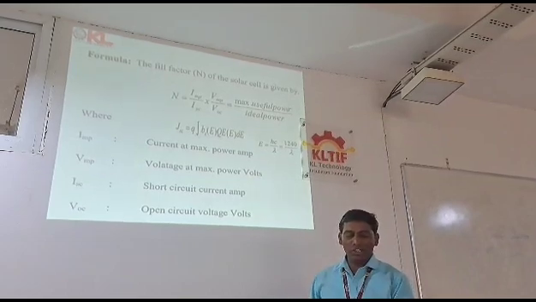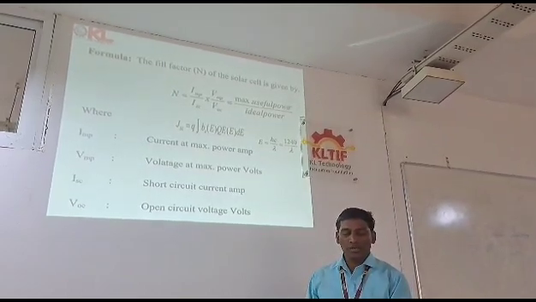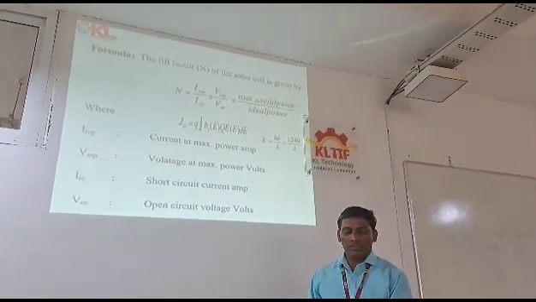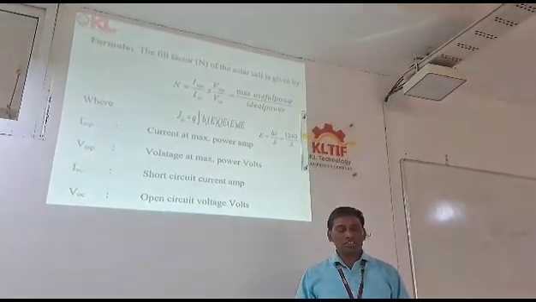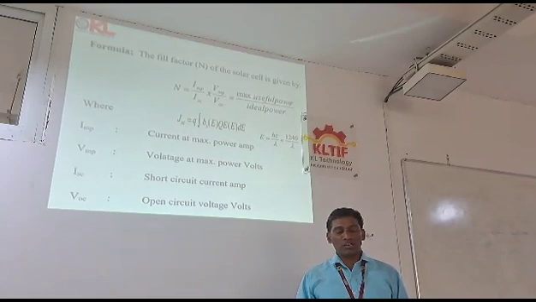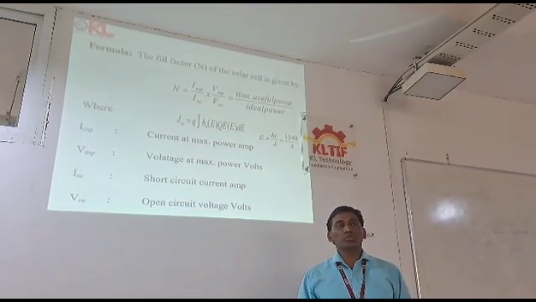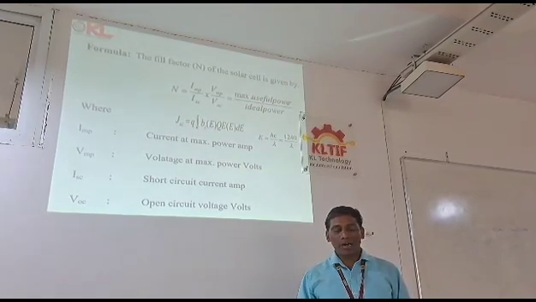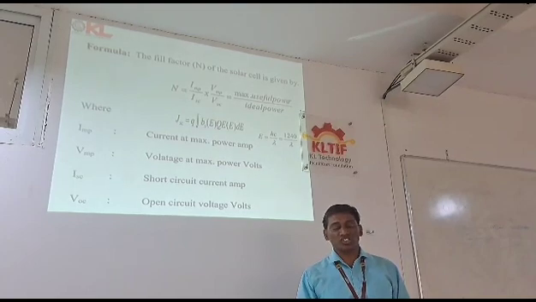Next formula: E equals hc divided by lambda, equal to 1240 divided by lambda, for the energy level.